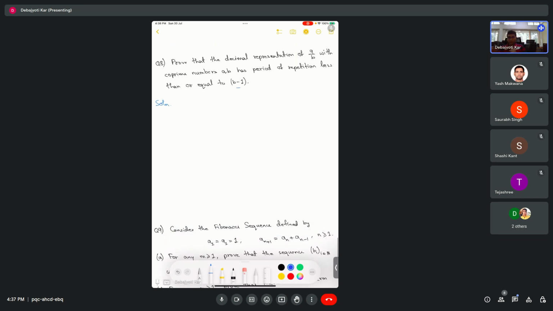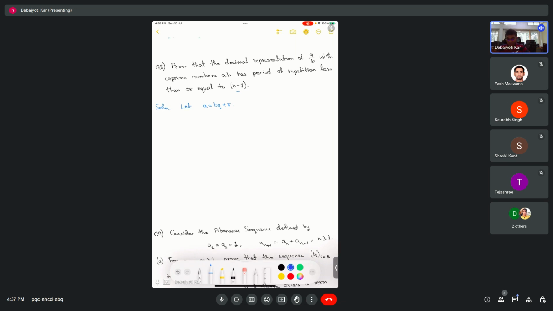Now, first of all, we can assume without loss of generality that A is less than B. So let's say when A is divided by B, the quotient is Q and the remainder is R. Then what is A by B?